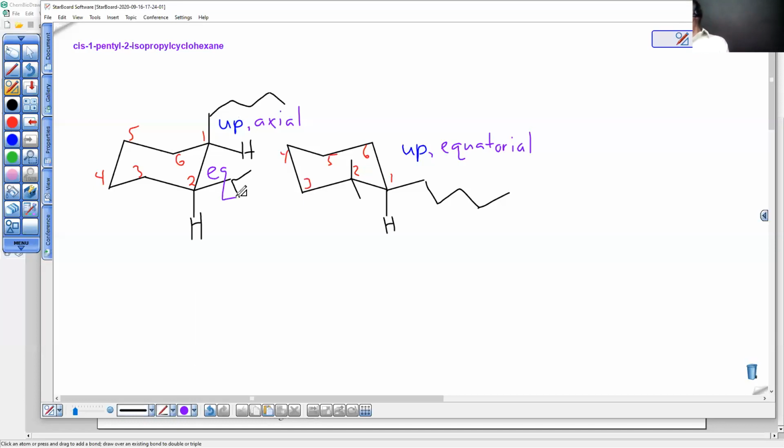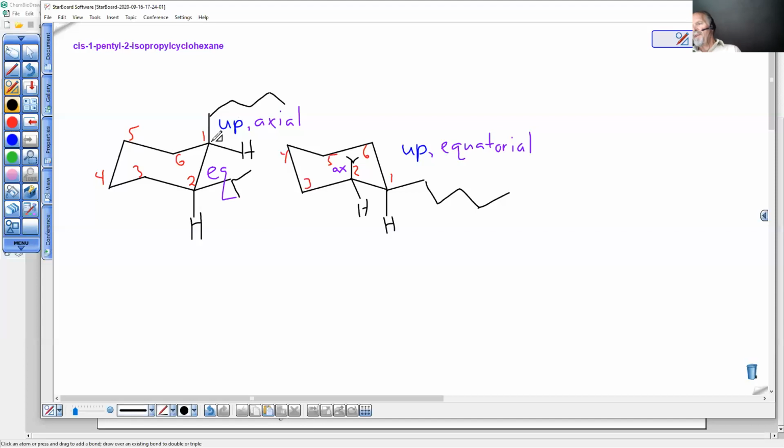And it better be axial and up here. Don't forget to put your isopropyl there, and your H there. H stayed down, didn't it? H down, isopropyl up, equatorial becomes axial.